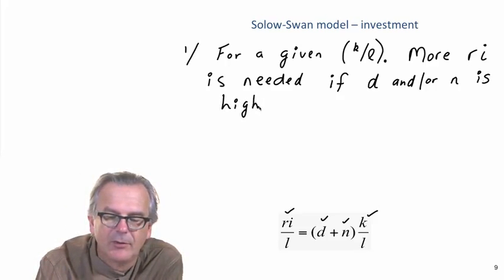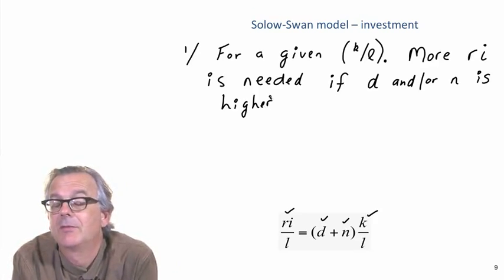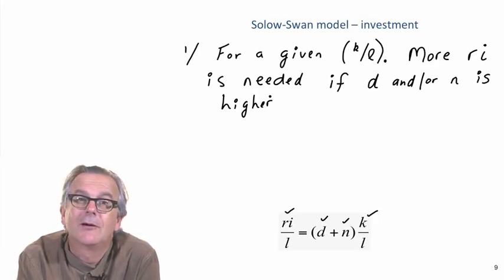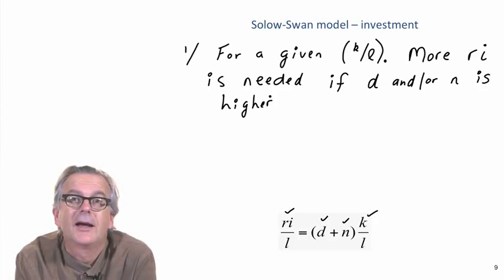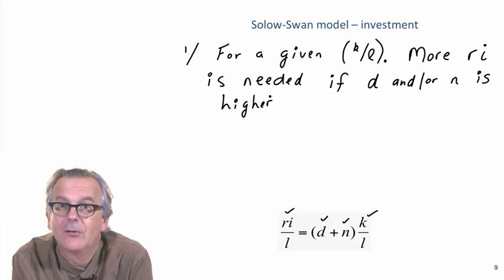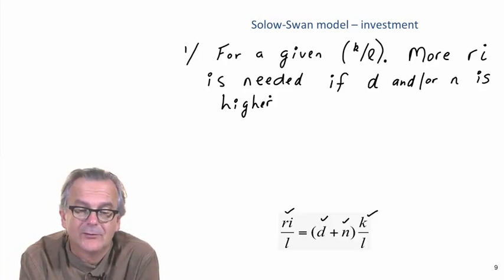So if you start off with a particular ratio of capital to labour, how much replacement investment you are then going to need is going to depend in a fundamental way on how fast the population is growing and on how quickly the capital is itself wearing out.